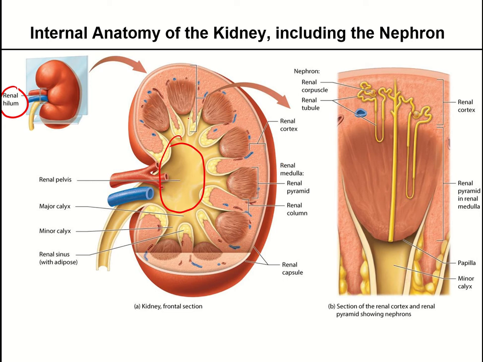Okay, and so this is going to be our medullary pyramid. This right here, this little cup-like portion being the papilla that's going to collect the urine.